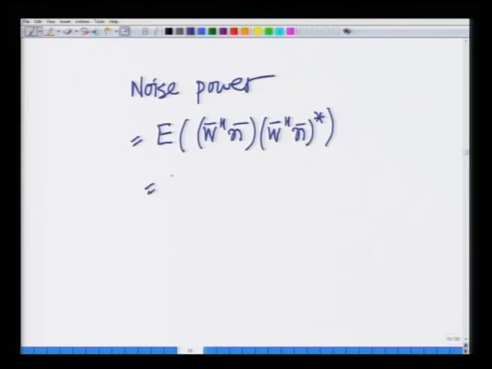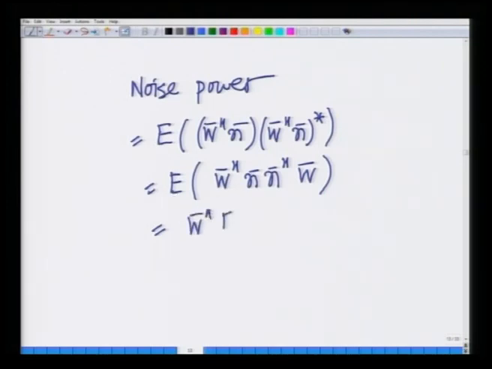I can write this as expected W bar Hermitian n bar times n bar Hermitian W bar. Now, I can move the expectation operator inside to write this as W bar Hermitian expected n bar n bar Hermitian W bar.